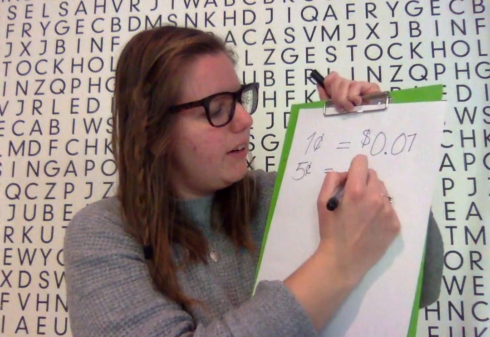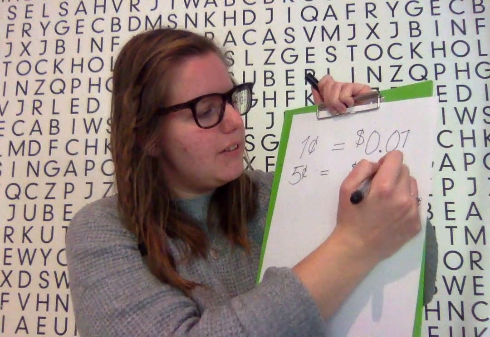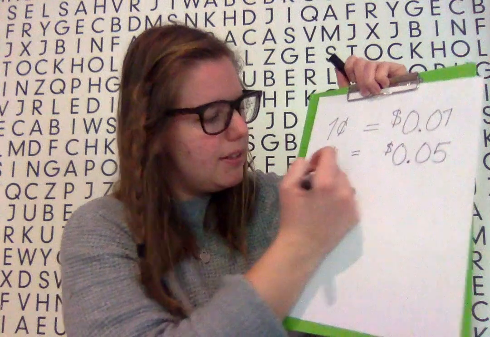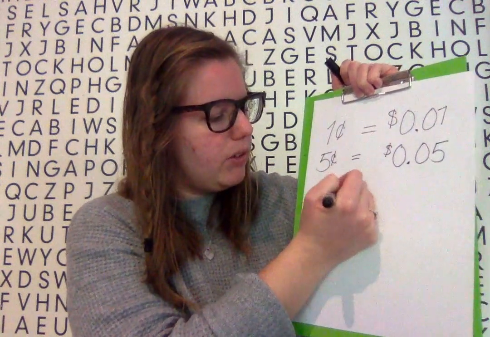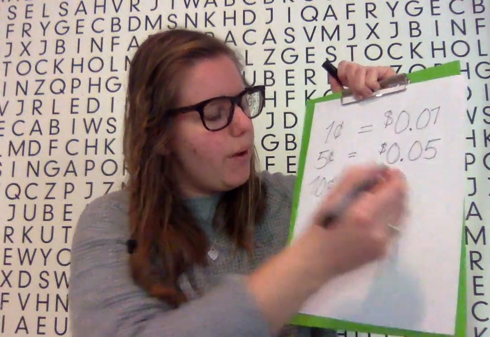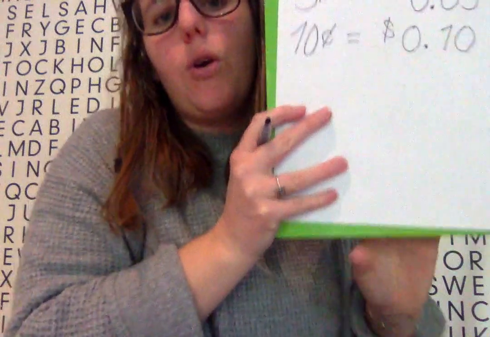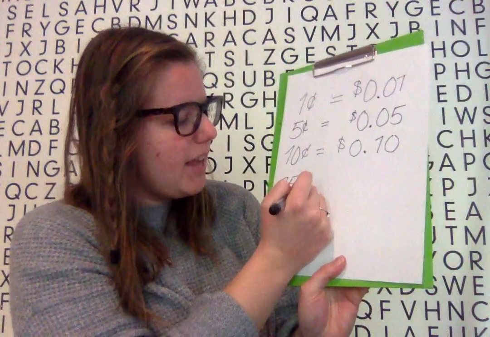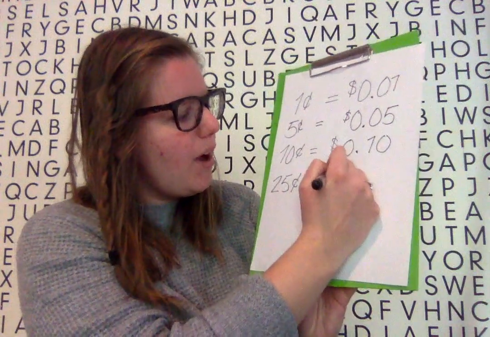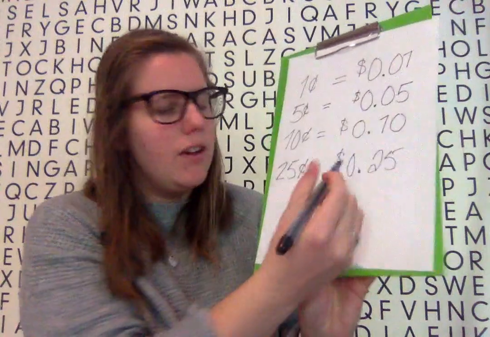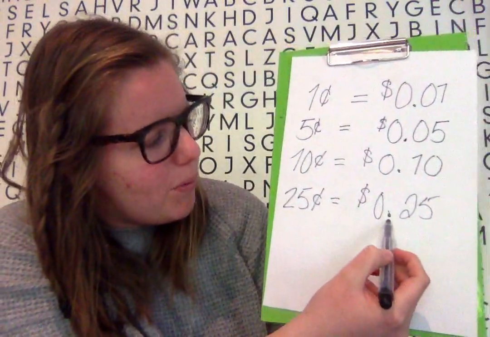I can write $0.05. What about 10 cents? I can write 10 with the little c, or I can write $0.10. And the last one we have is a quarter. So I can write 25 with the cent sign that looks like a C, or I can write $0.25.